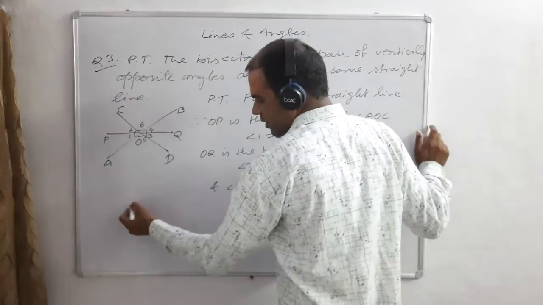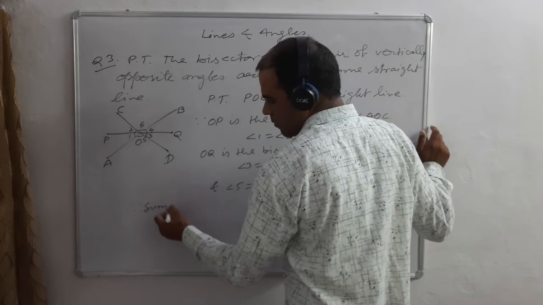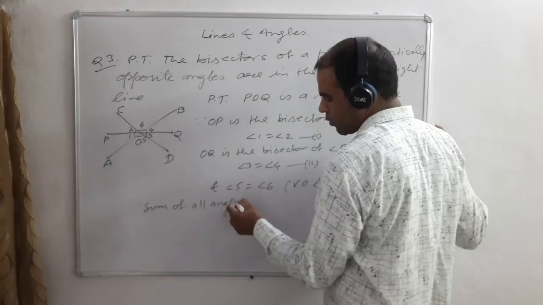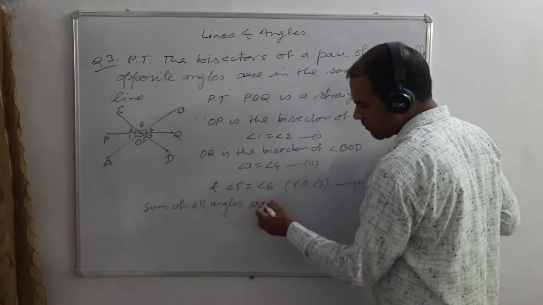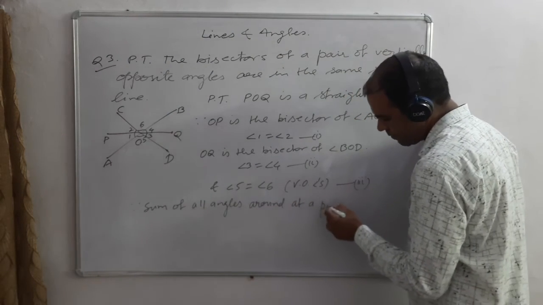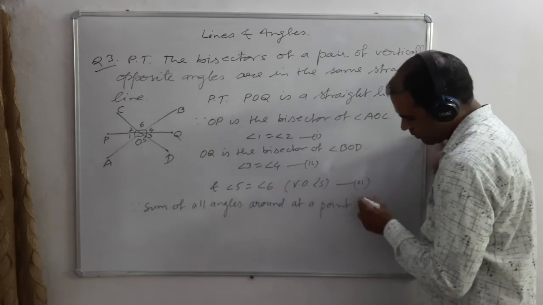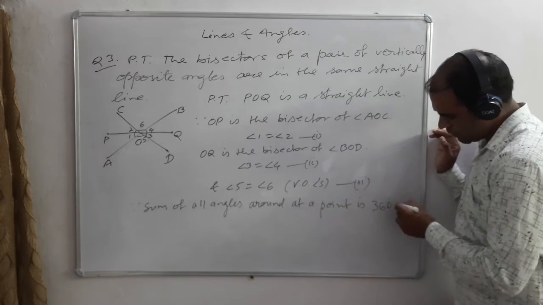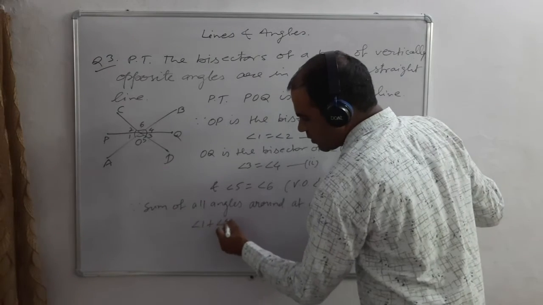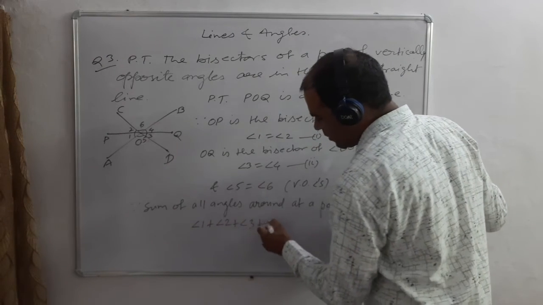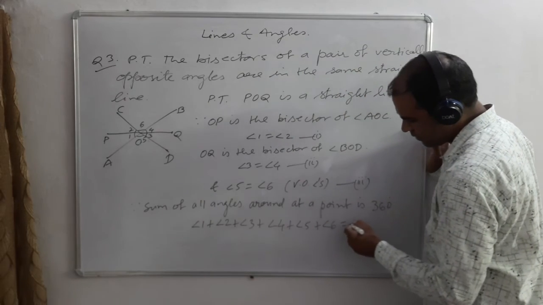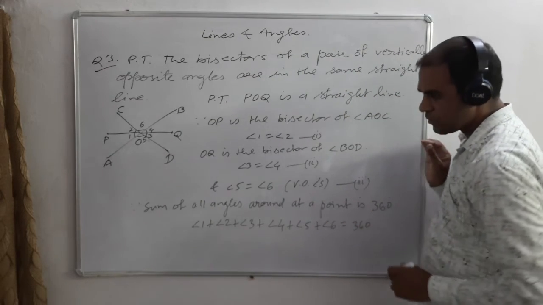So since we know that the sum of all angles around a point is 360 degrees, angle 1 plus 2 plus 3 plus 4 plus 5 plus 6 equals 360.